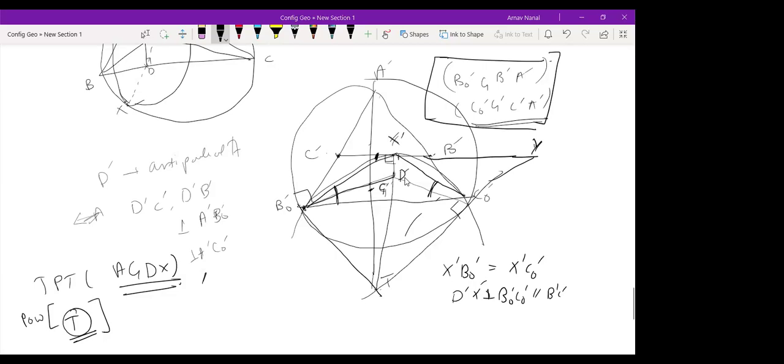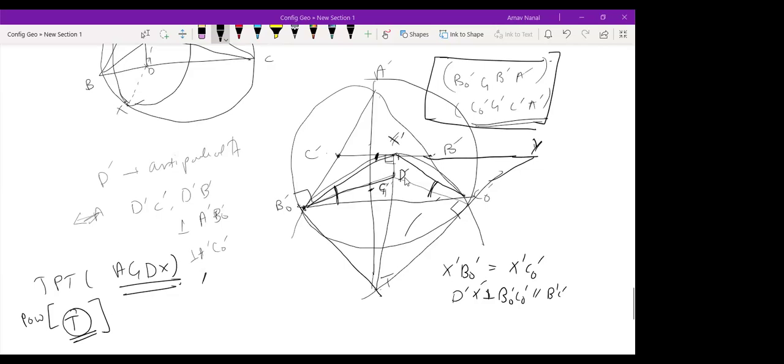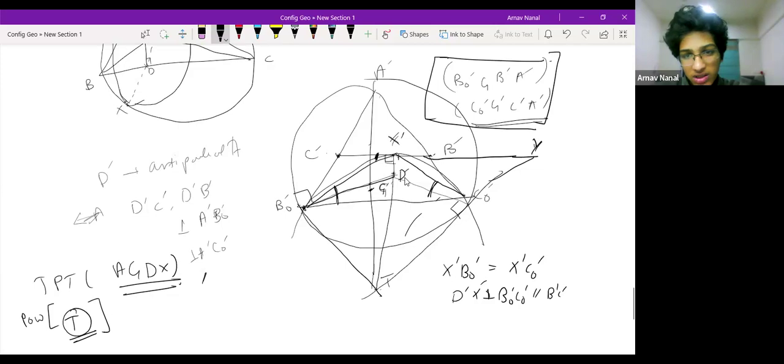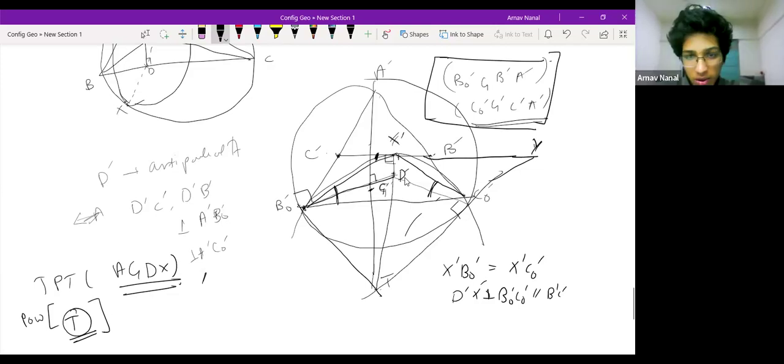Had a doubt: if D'G'A is 90 and D'XC' is also 90, then won't we have those four points, D', X', G', concyclic? Wait, could you repeat? D'G'A is 90 because, like you said, G was the Dumpty point.